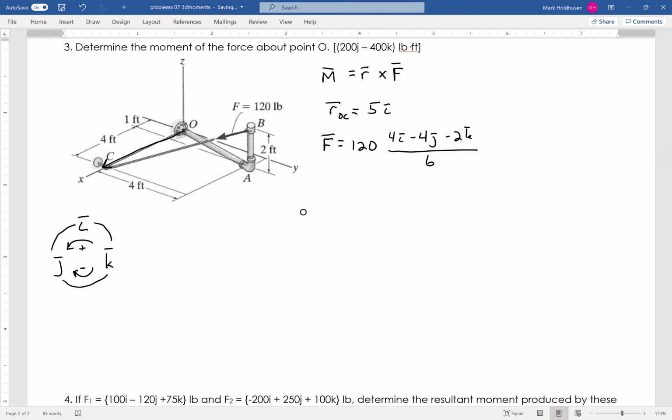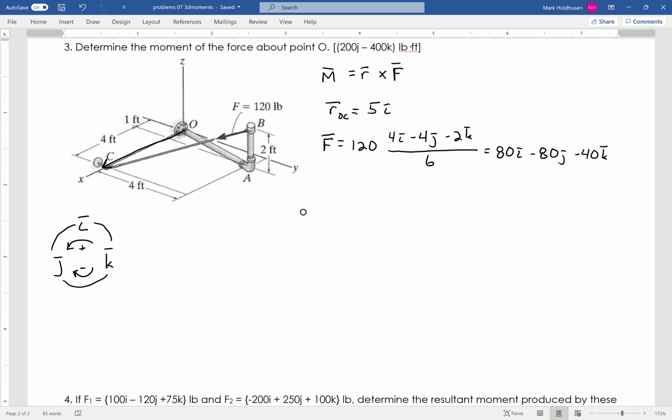Square root of that is 6. Therefore, that force vector, written in Cartesian form, is 80i minus 80j minus 40k. So that's that 120-pound force written in Cartesian form. I'm using the r vector from O to C to make my life easier.